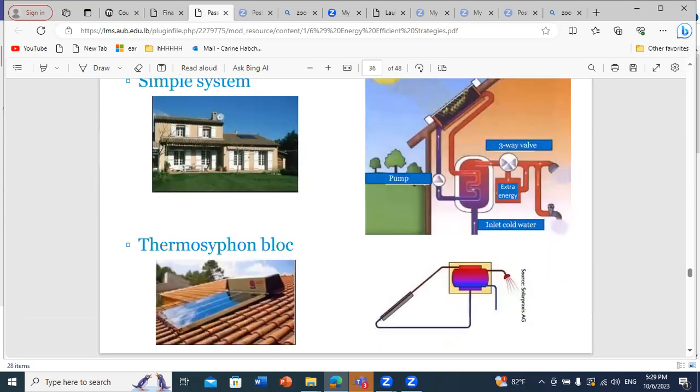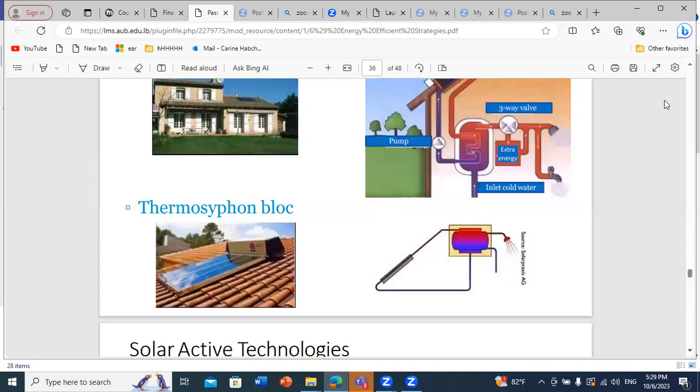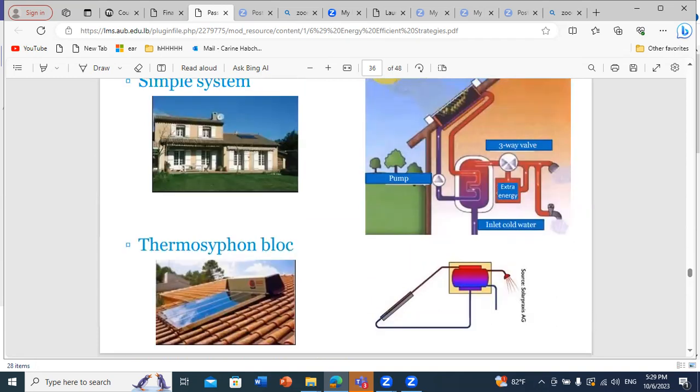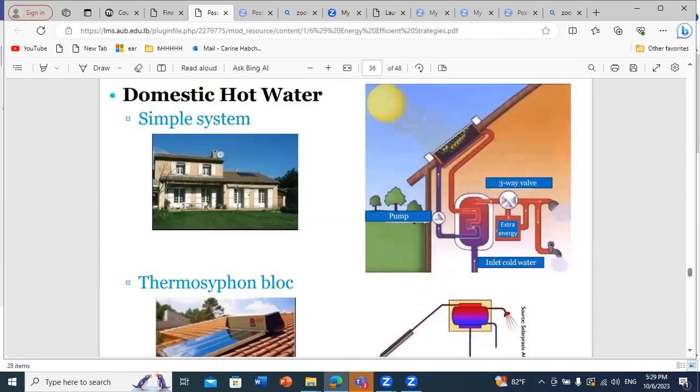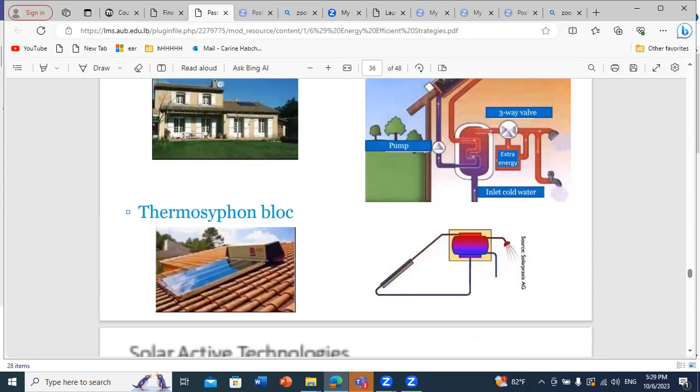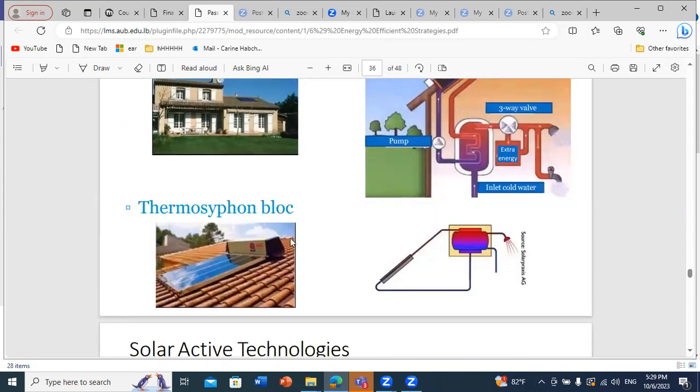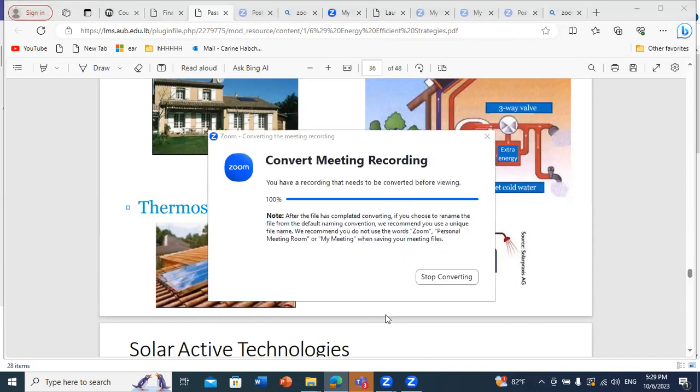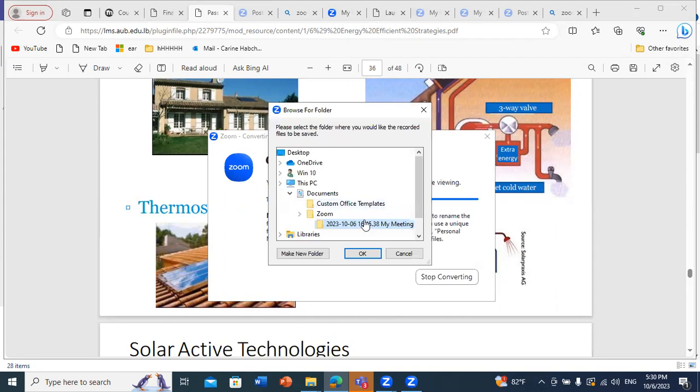So we can see here that domestic hot water has several applications. If you want to use just a passive system, you will replace the pump by a thermosiphon block. What we mean by thermosiphon block is that it will rely on buoyancy effect for circulation of water. You just rely on temperature variations that will create density variation.